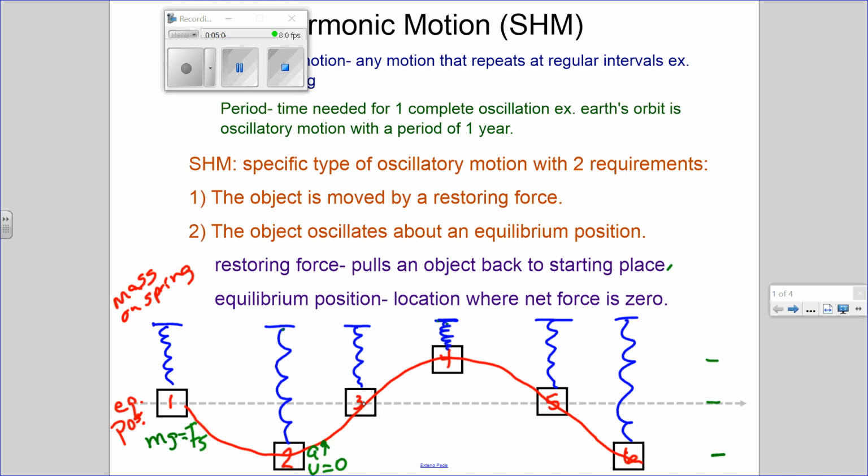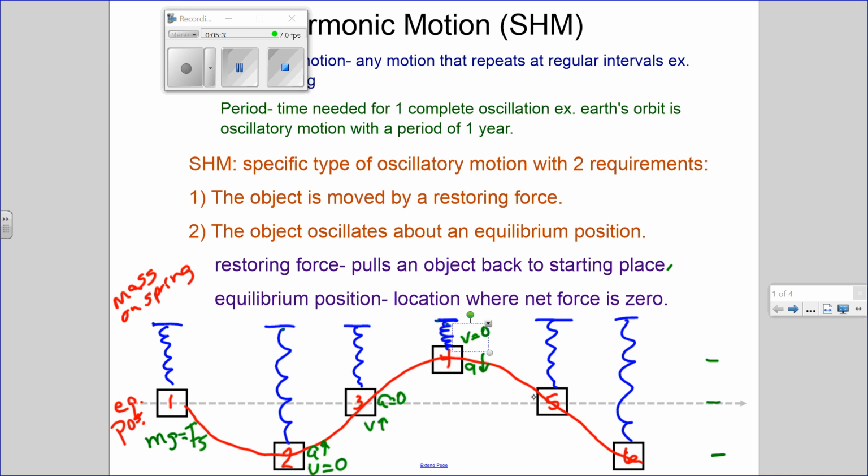Now when it comes back up to 3, the forces are balanced again. The acceleration is 0, but the velocity is up. When it gets to the top, the velocity is 0 again. It stops because we have the maximum force again. This spring is compressed. And because it's at that point where it's turning around, the acceleration is down.